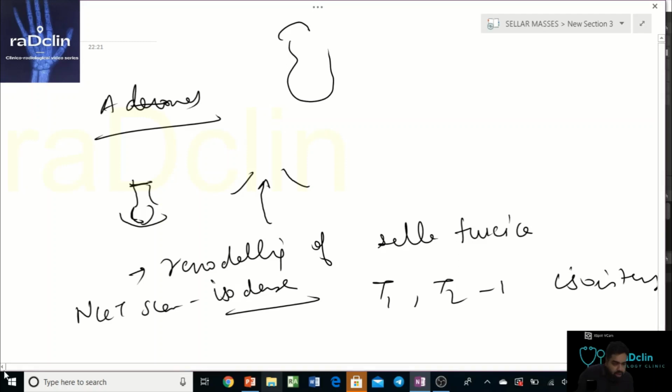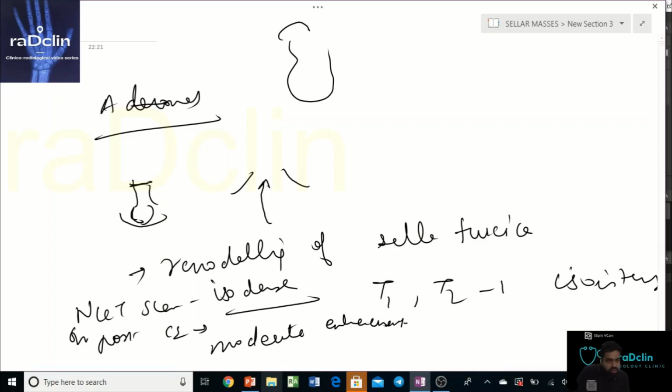On post contrast, it shows moderate enhancement. That means it shows enhancement, but it's not a very avidly enhancing lesion. Normally it involves the gland, so the T1 bright spot is absent in these lesions.